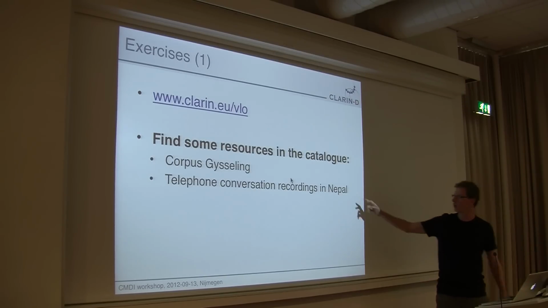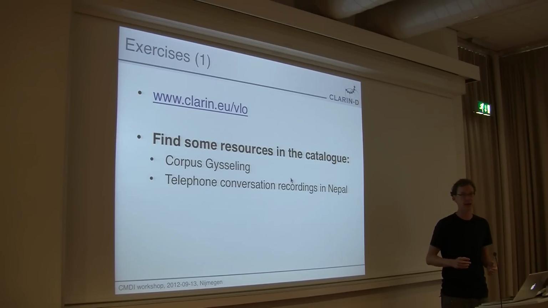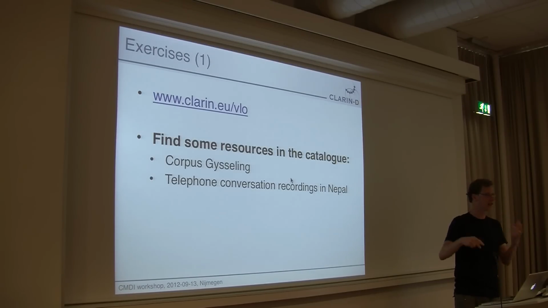And then we're going to look for telephone conversations which were made in Nepal. This is all possible with the Virtual Language Observatory. I'll give you, let's say, 5 minutes, and then afterwards I'll show how to get to these resources in the VLO. Okay, so please go ahead, and in 5 minutes we'll get back to the results.